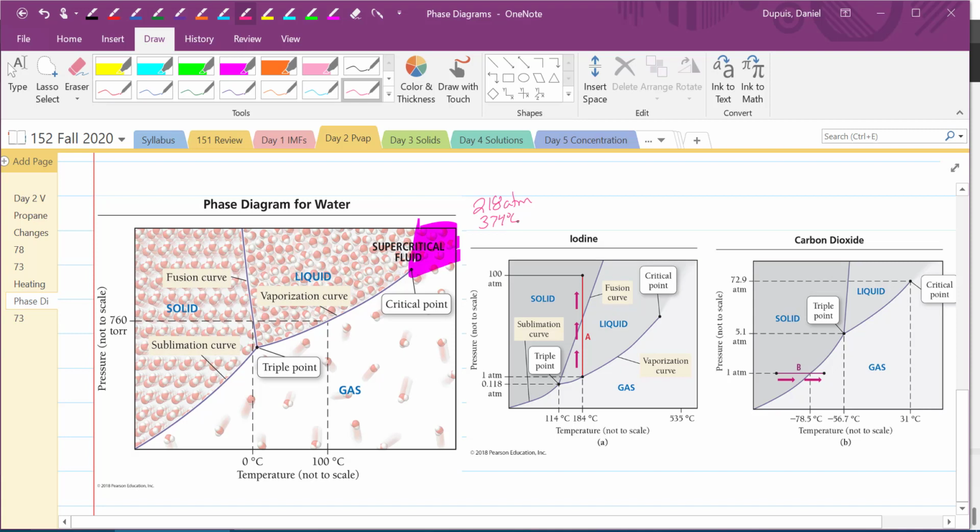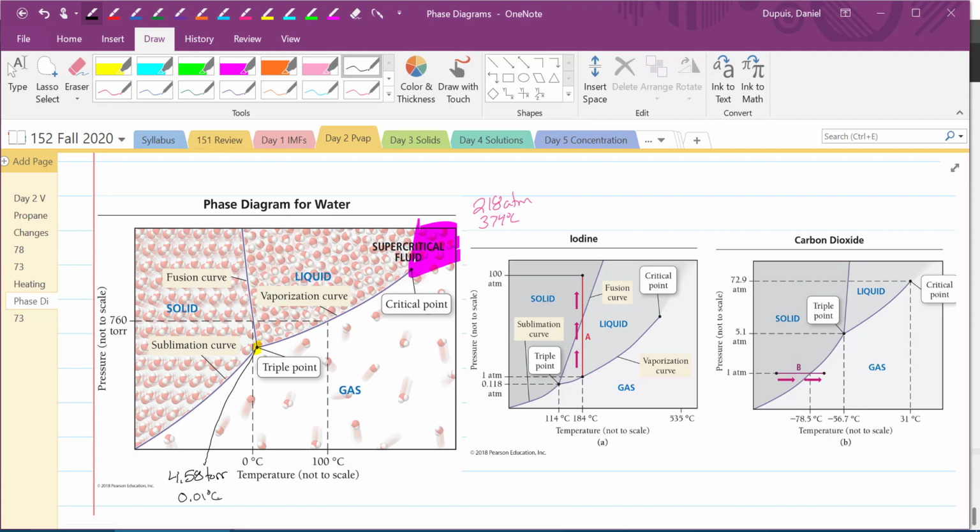The triple point here happens to be 4.58 torr, which is very small, and 0.01 degrees Celsius, which is also cold.